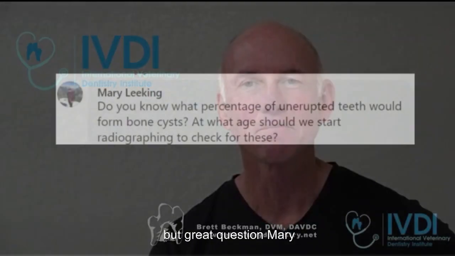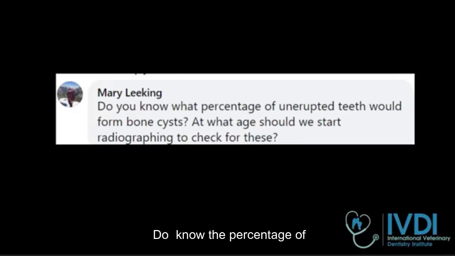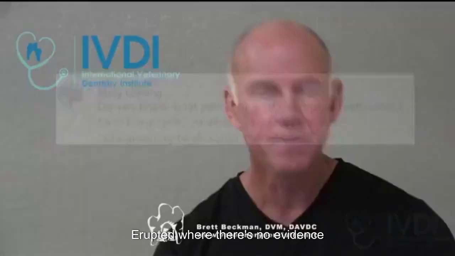But great question, Mary. Do you know the percentage of unerupted teeth that form cysts? Probably more than don't. We do see some in older patients that have that, especially that first premolar that has not erupted, where there's no evidence of a cyst at all, either unilateral or bilateral.